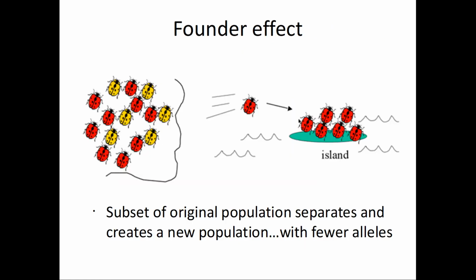Now, there's something called the founder effect. So in this example, we have two variations of what appear to be ladybugs, some yellow ladybugs, some red ladybugs, and we take one red ladybug and we put it on an island. Or we take two red ladybugs and we put them on an island and they reproduce. And so we start making a lot of red ladybugs.